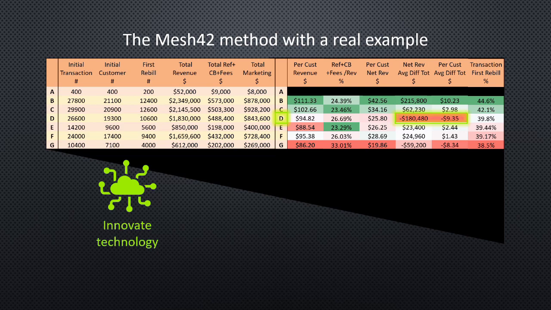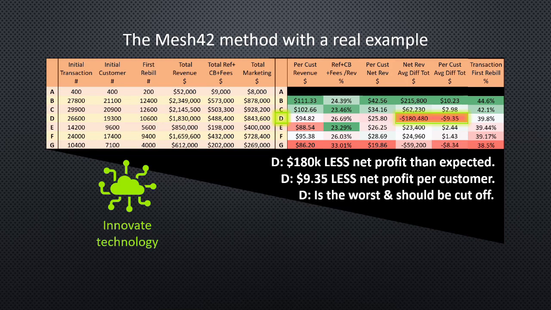What these KPIs ultimately tell us about marketing channel D is that it performed $180K less in net profit when compared to what other marketing channels on average proved was achievable on the same days with the same marketing dollar weight. The number to really focus on, however, is the $9.35 less net profit per customer, which is the worst out of all marketing channels, including G.